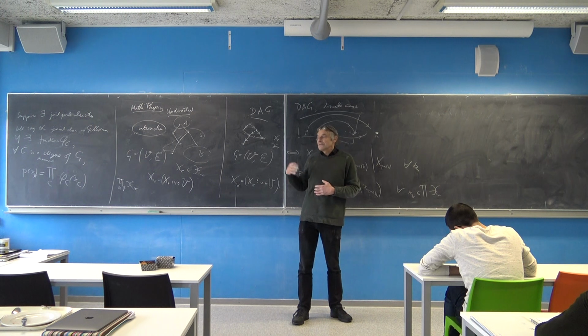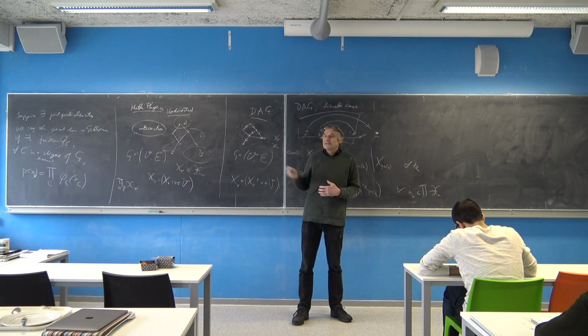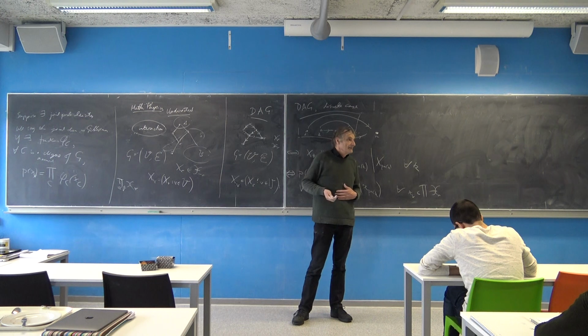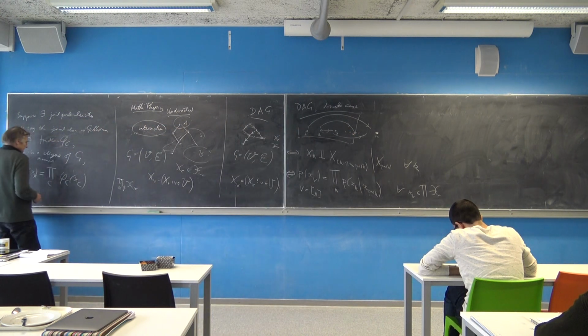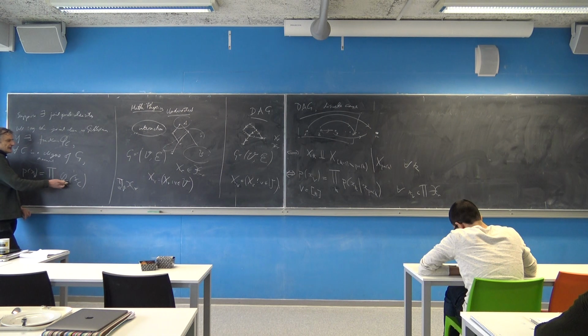Conversely, you just let all the other functions be 1, and then it also works the other way. So it doesn't matter, but it's often useful to think of C here as only the maximally complete subgraphs.